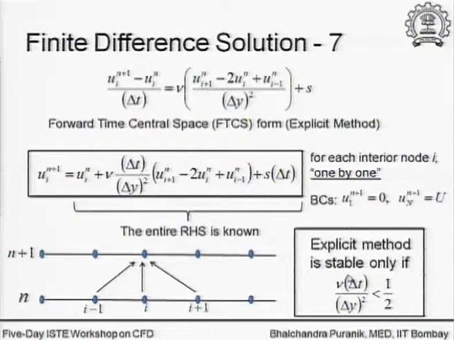The only problem is that there is a so called stability criterion, and clearly I am not going to get into the discussion and derivation of what the stability ideas are. Very briefly, unless you restrict the time step to be smaller than what is given by a criterion such as this, what you will see is that the numerical solution will not remain stable, it will simply blow up. And this is something that we normally ask our students to verify, which is very easy.